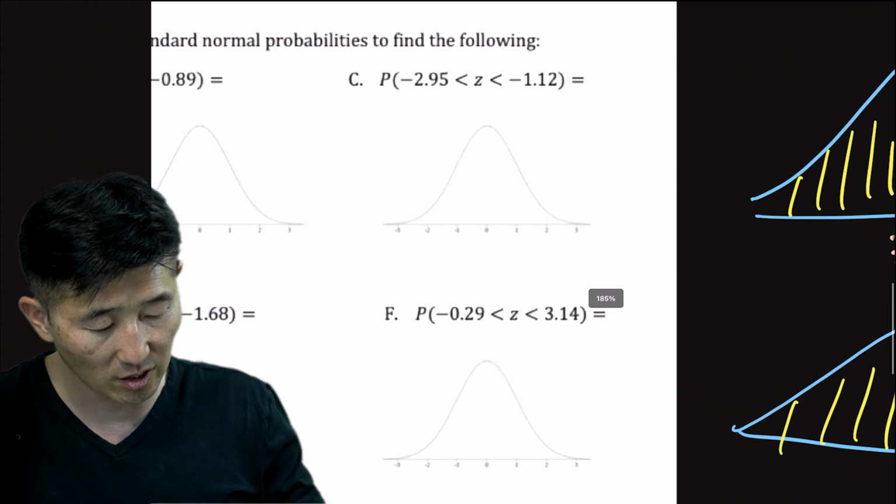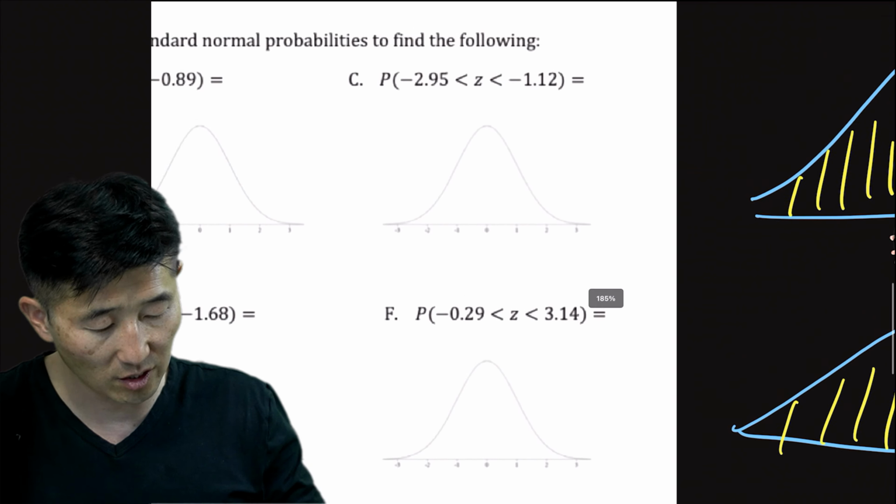So I'm going to subtract 0.9992 minus 0.3859, and that'll give me the percentage in between. Equals 0.6133.